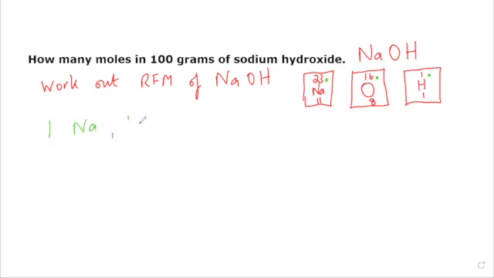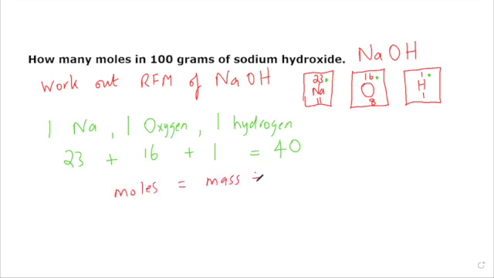So 1 sodium, 1 oxygen, 1 hydrogen. Now the top numbers in each of those boxes, 23 plus 16 plus 1 lot of 1, and that comes up to 40. So this is the relative formula mass, RFM, of sodium hydroxide.